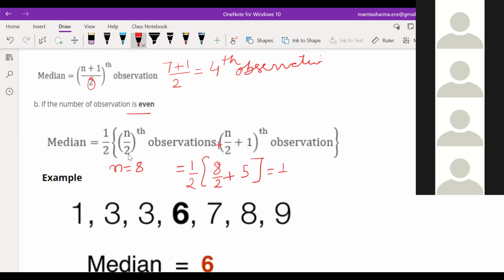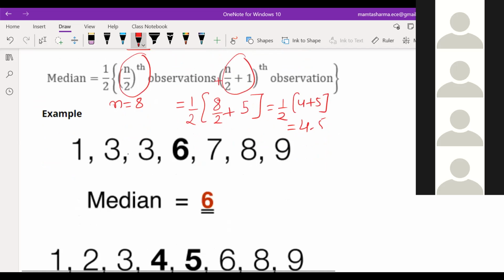So half of 4 plus 5, that is 4.5. The median will be the average of the n by 2 observation and the n by 2 plus 1 observation.